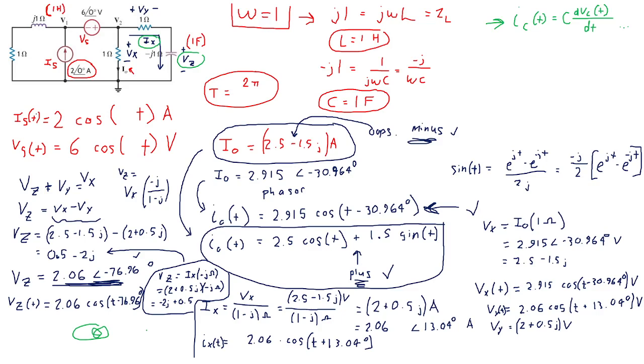And so since this is a capacitor, the current peaks 90 degrees before the voltage, which is the ICE mnemonic. If it was an inductor, we would expect the voltage to lead the current.